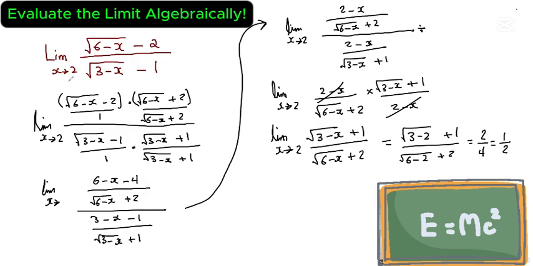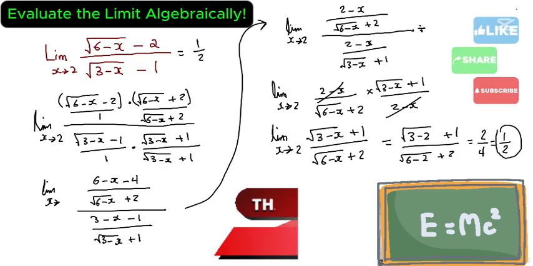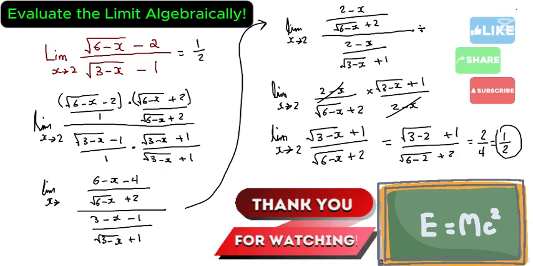And therefore the limit as x goes to 2 of root 6 minus x minus 2 all over square root of 3 minus x minus 1 is 1/2. And that's it. You have successfully evaluated this limit.